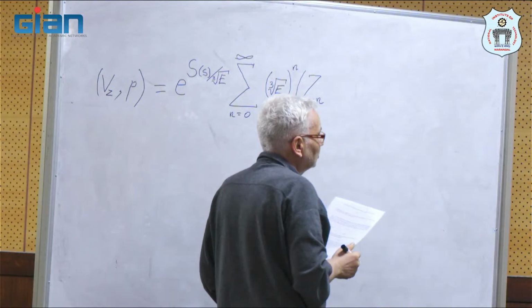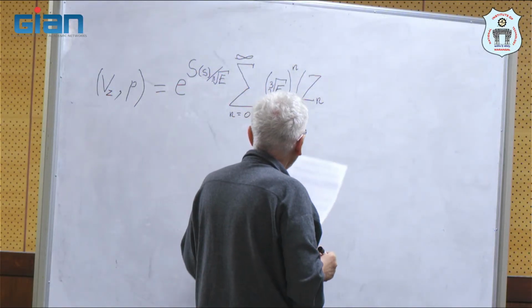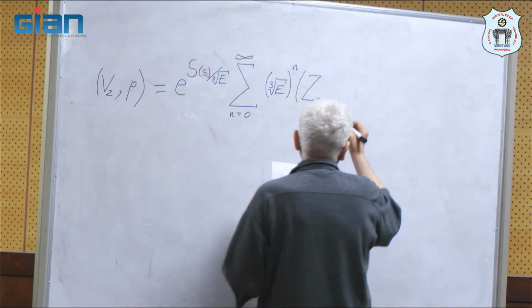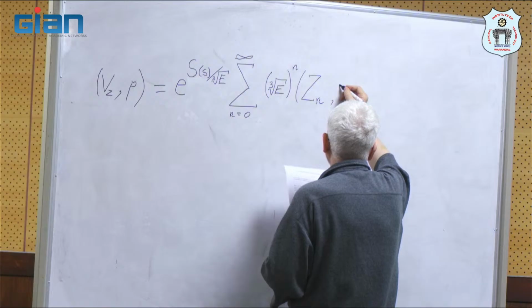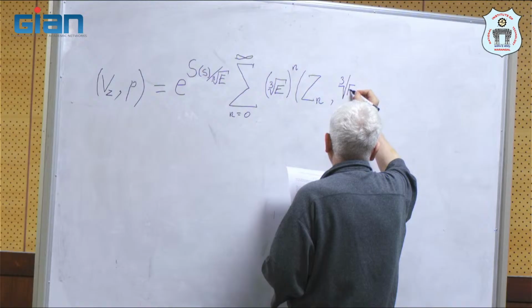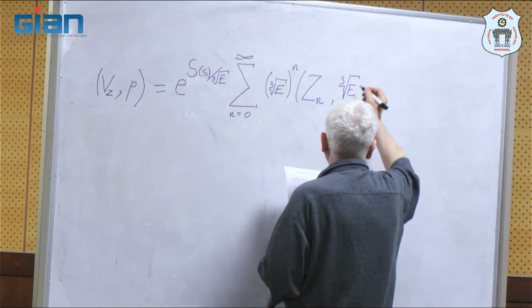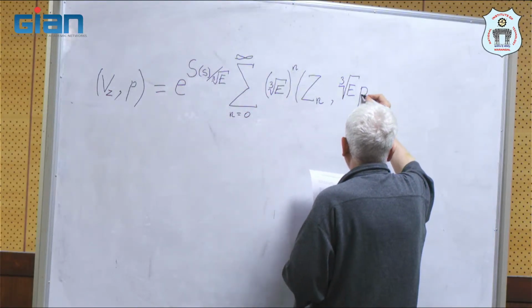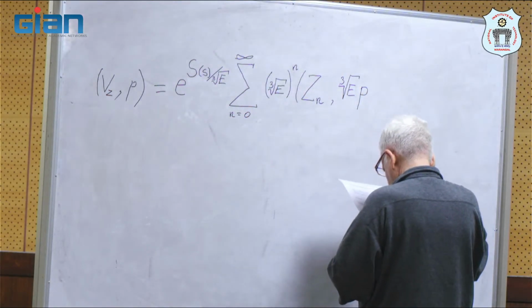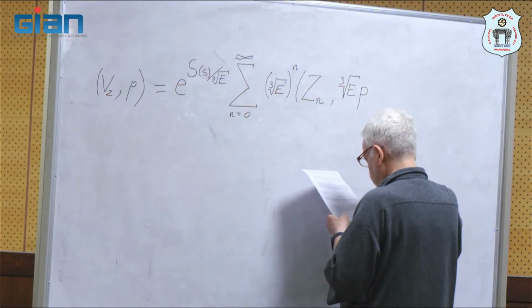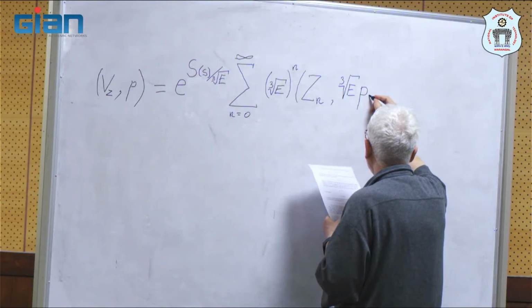This is the z function of n. They are also functions of the cylindrical radius. And then there is a square root of order 3 of the Ekman number, which is multiplied on the pressure, and pressure and also n.